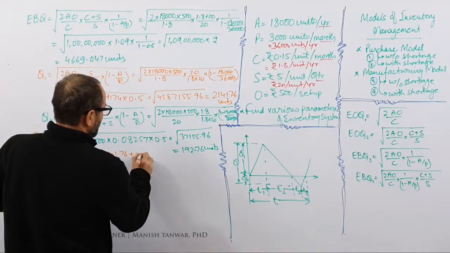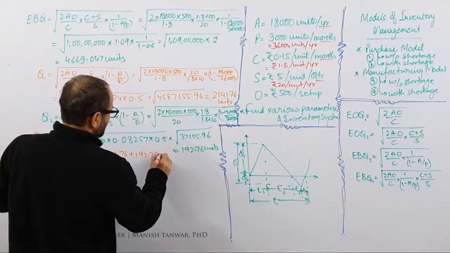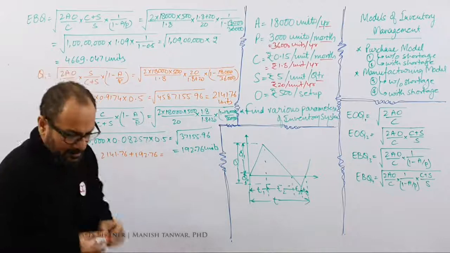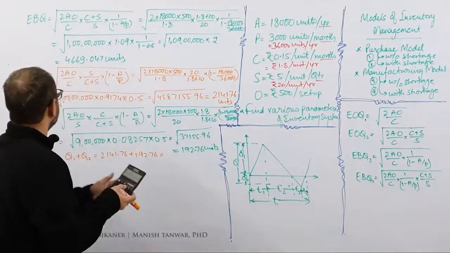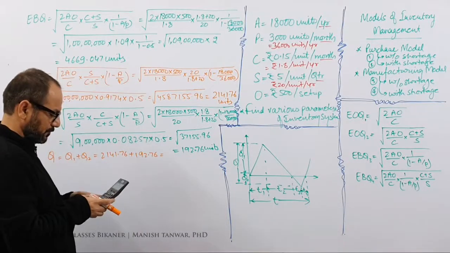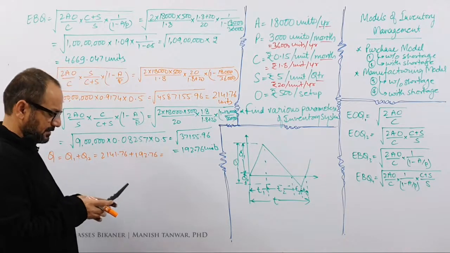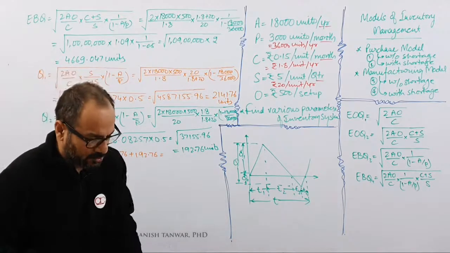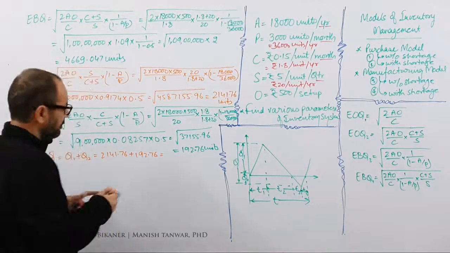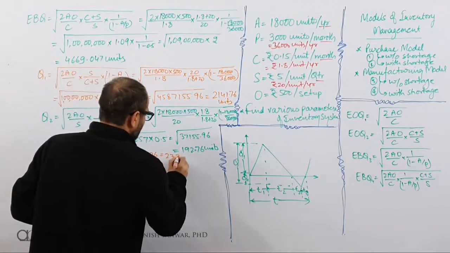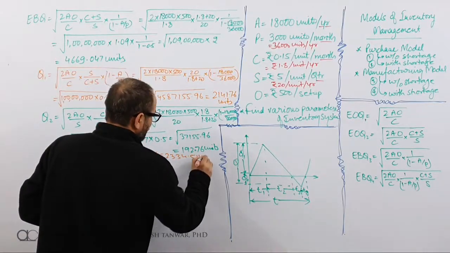Q2 is 192.76. Plus 2141.76 gives 2334.51 units.